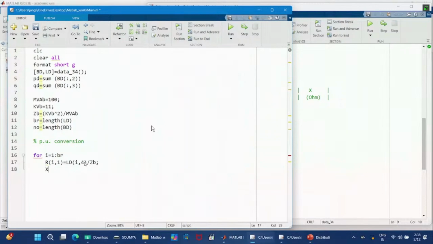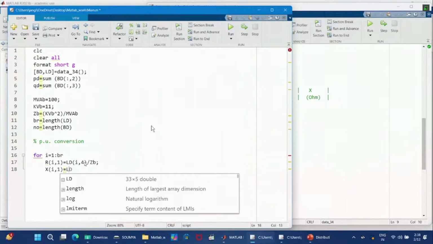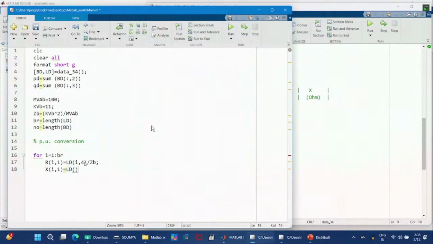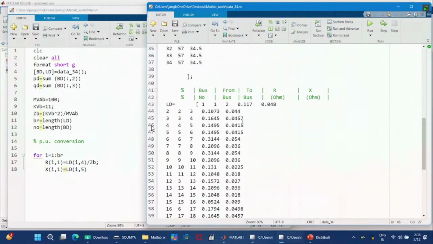Similarly, for X also we can calculate it. Its calculation can be carried out like this: X of I comma 1 is equal to line data I comma 5, because here on the 5th row its X actual value is given.